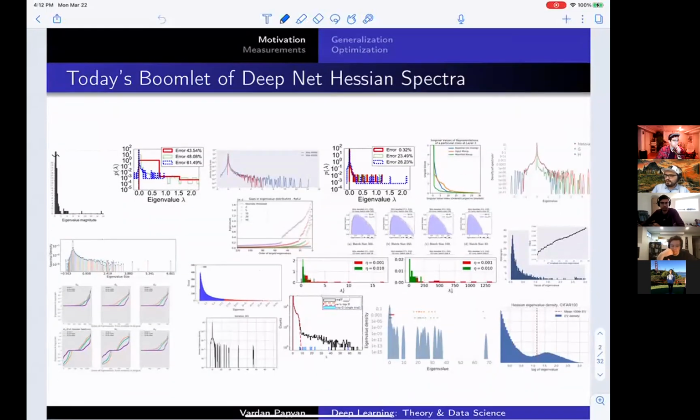A few lectures ago, we started talking about the boomlet of researchers studying DeepNet spectra.